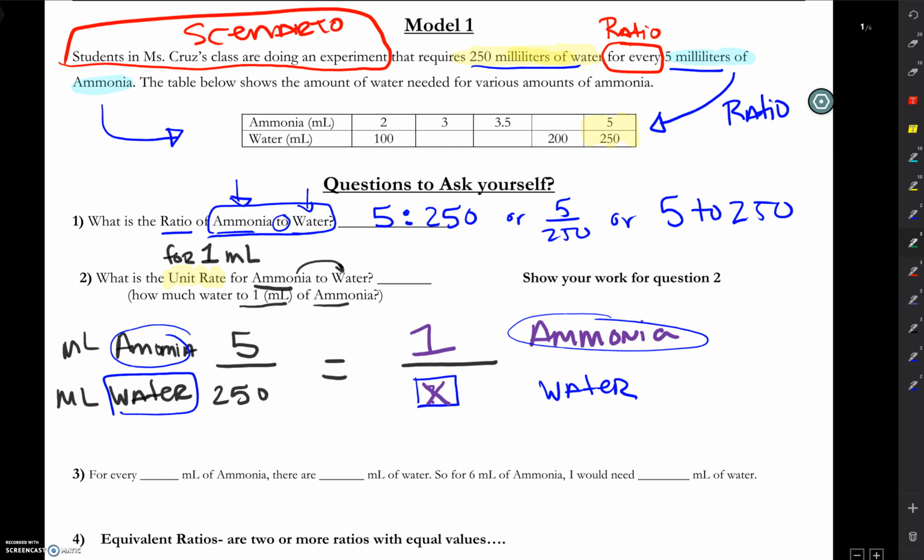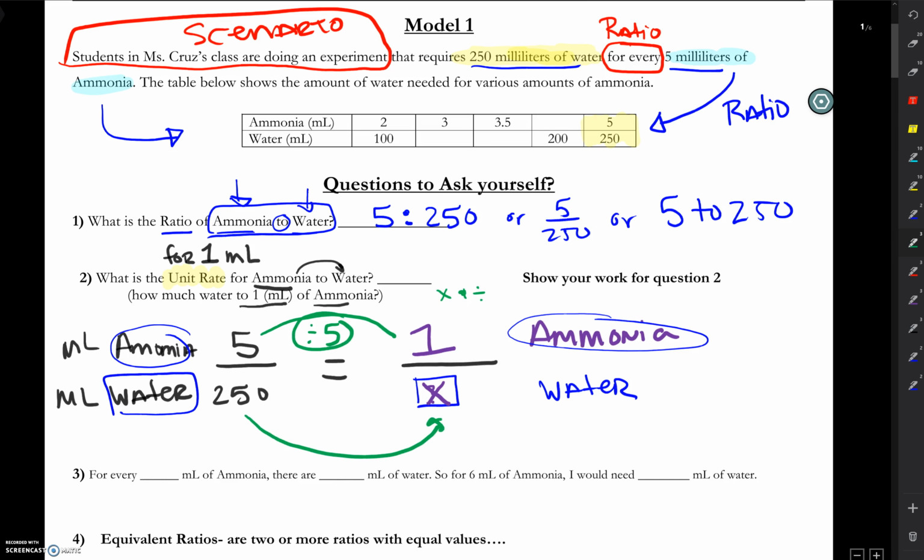And so how do I go from 5 to 1? How do I go from 5 to 1 when I multiply or divide? Would I multiply or would I divide? So from 5 to 1, I would divide by 5. And whatever I do on top, I'm going to have to do on the bottom. So I'm going to have to divide down here by 5.